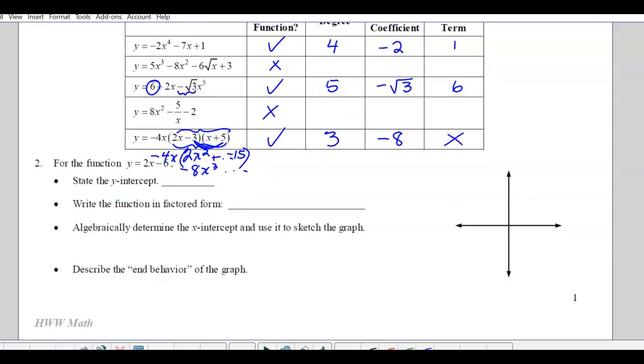All right, so back to Math 10. For the function y equals 2x minus 6, I'm just going to erase this. Y-intercept, that's in slope-intercept form, right? That's your y-intercept. In factored form, factor out the 2.